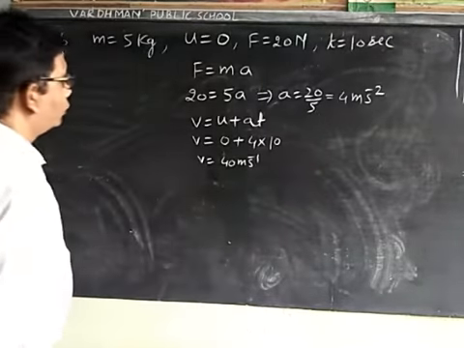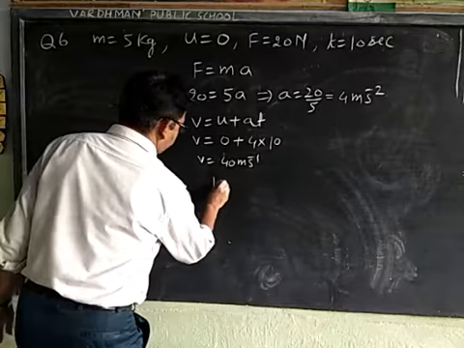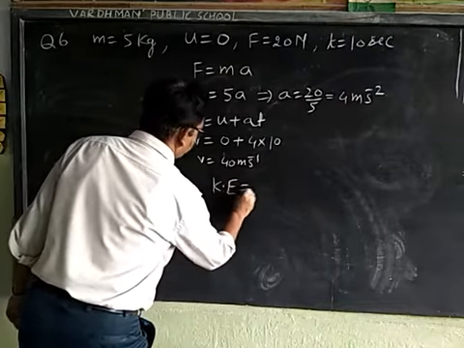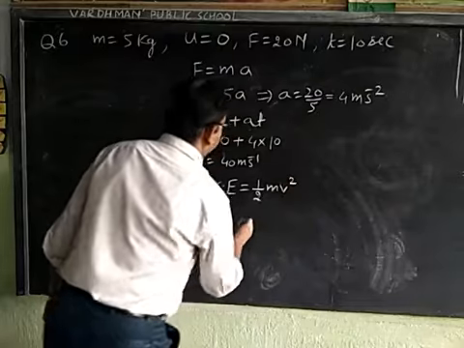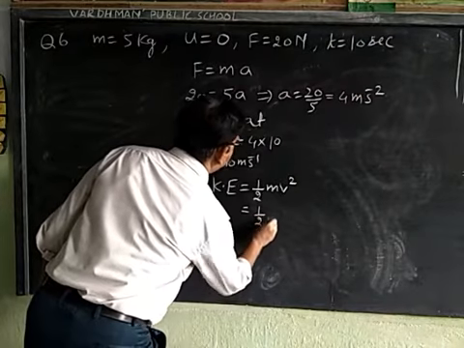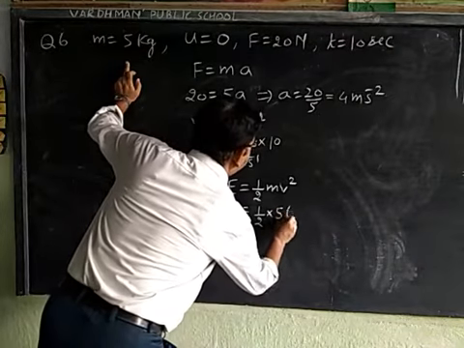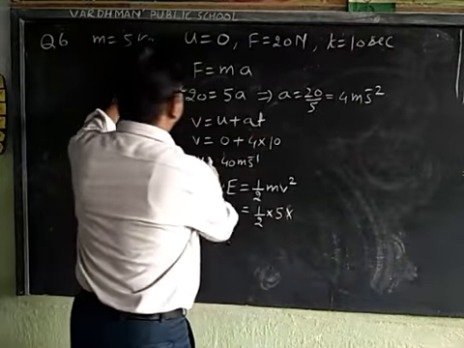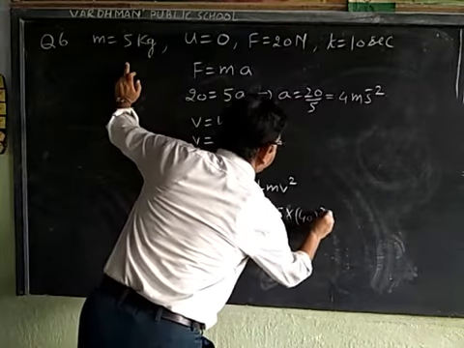Now you have to calculate kinetic energy. Kinetic energy is equal to half mv square. That is half, mass of the body is 5 kilogram and velocity 40 square.